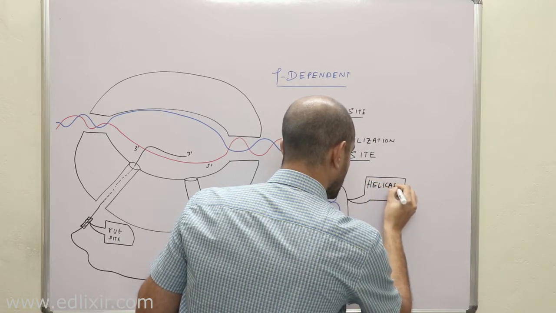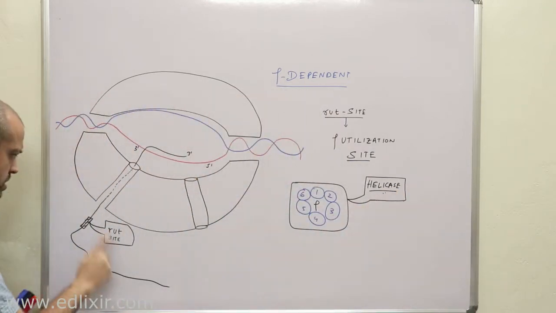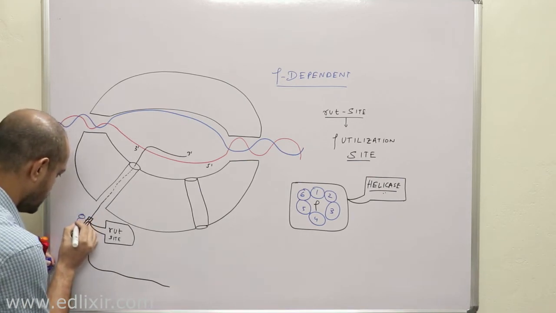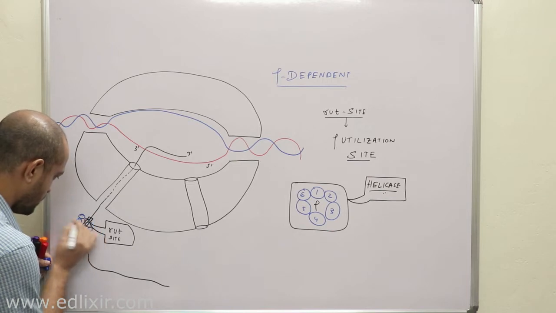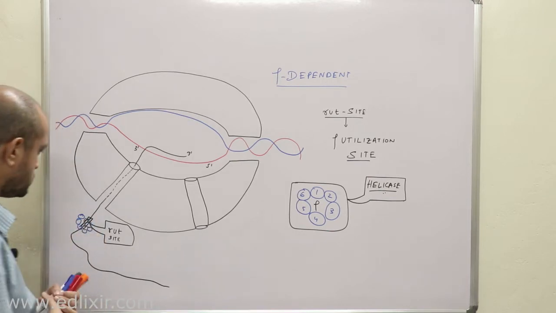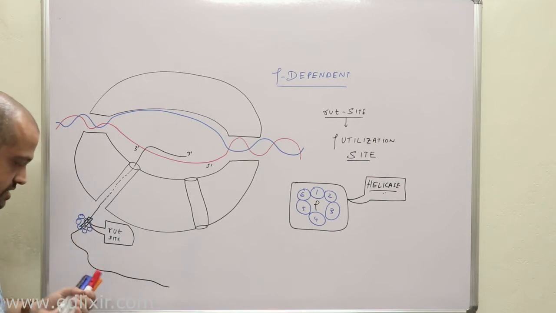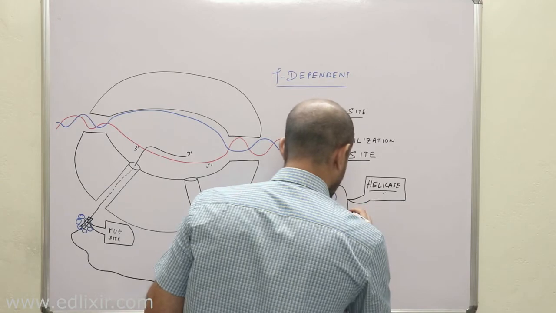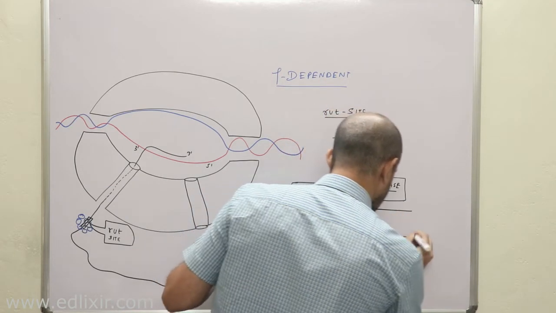Clear. Now what happens is this rho protein now binds with the Rut site. After binding, this helicase utilizes ATP, these are the characteristics.